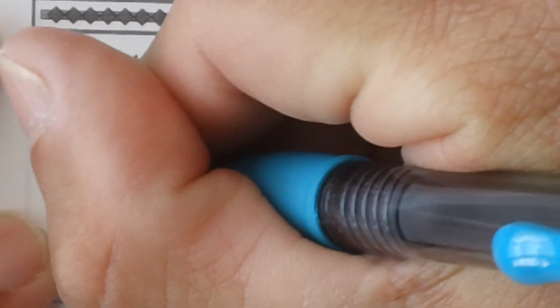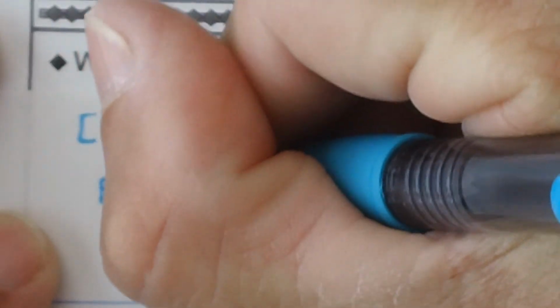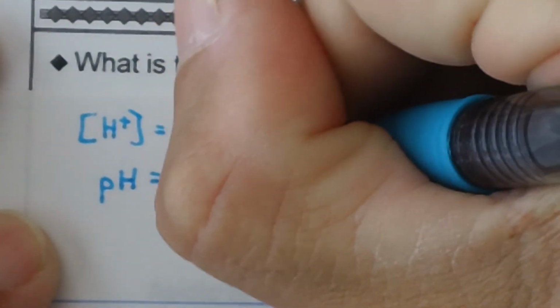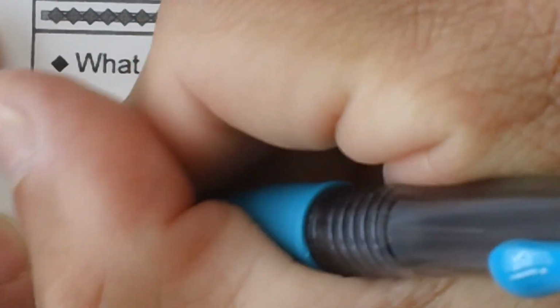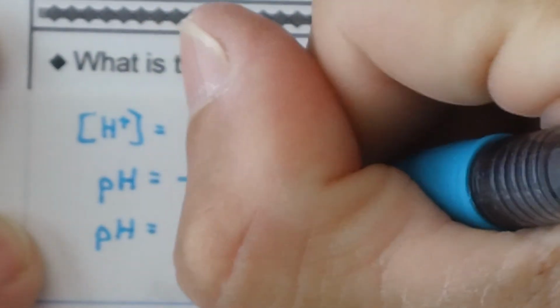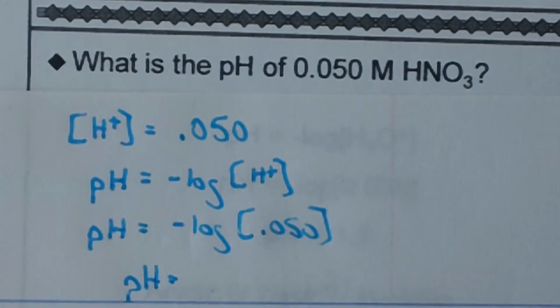And so they're asking for what is the pH. So generic formula, pH equals negative log of the hydrogen or hydronium ions. And we are plugging and chugging. pH equals negative log of 0.050. And that will spit out for us what our pH is. Good? In Algebra 2, you're supposed to currently be going over logarithms. For us, it's a button on a calculator at this point.